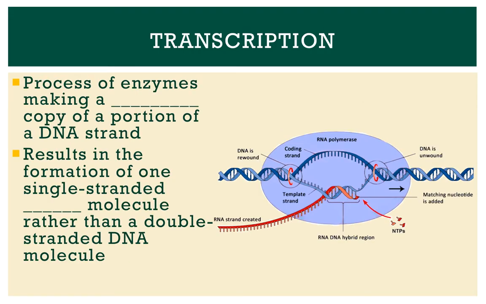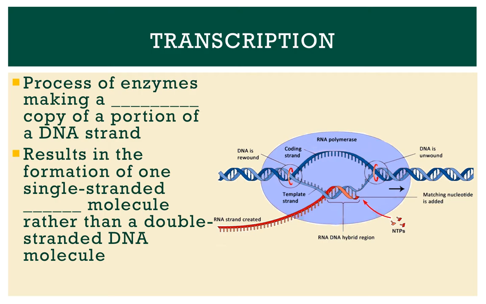So transcription is the process of enzymes making a complementary copy of a portion of a DNA strand. This results in the formation of one single-stranded mRNA molecule rather than a double-stranded DNA molecule.